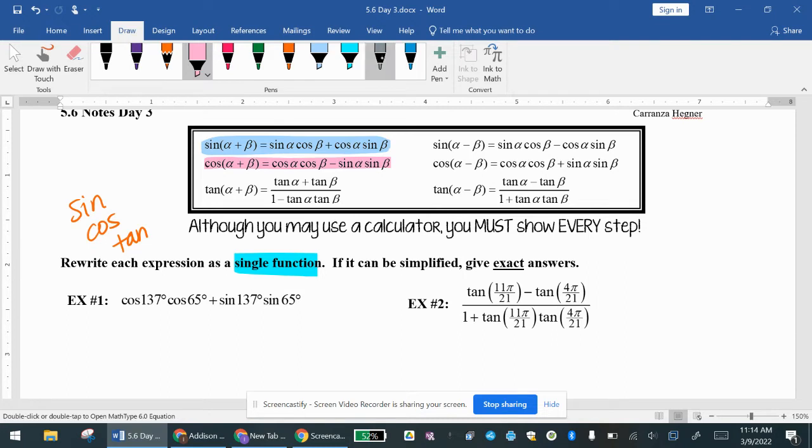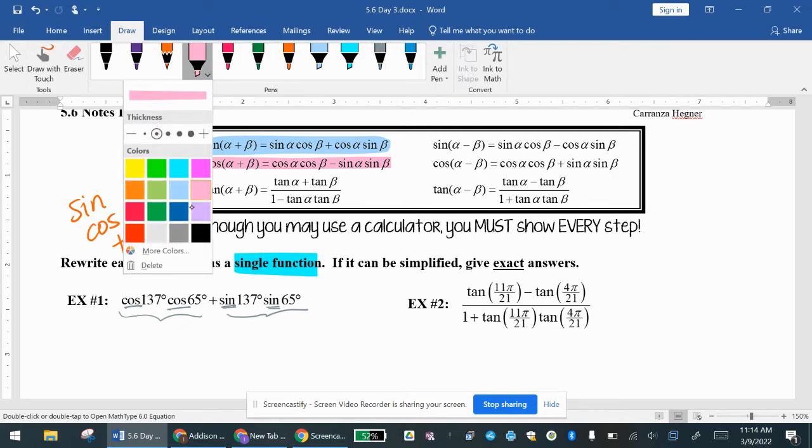As I see that, I notice that I've got two cosines in the first multiplication, and then I have two sines in the second multiplication. So that makes me realize that this is a pattern for cosine. Now remember that cosine changes the signs of what the original angles were doing.